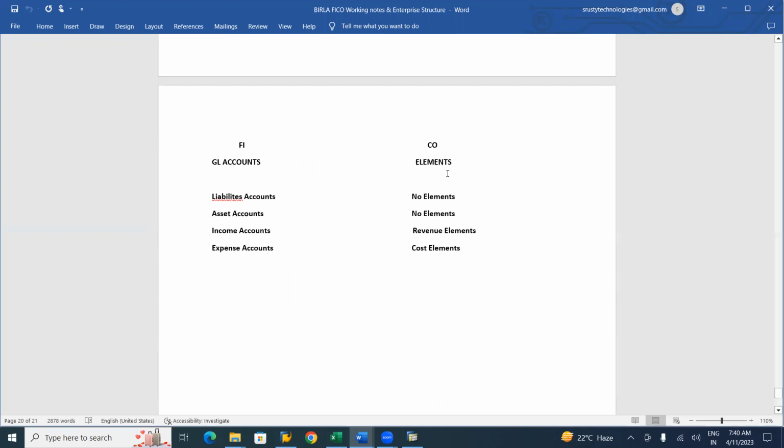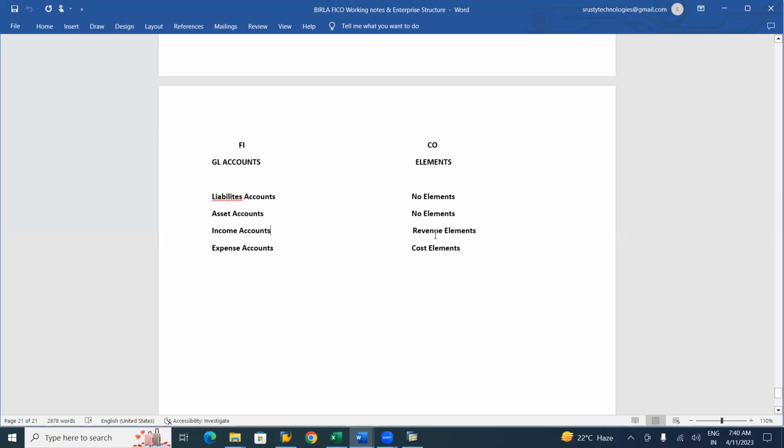In cost and management accounting, there is no concept called liabilities and assets. That's the reason liabilities and assets data will not flow from FI to CO. That's the reason I have mentioned no elements, because there is no concept called assets and liabilities.